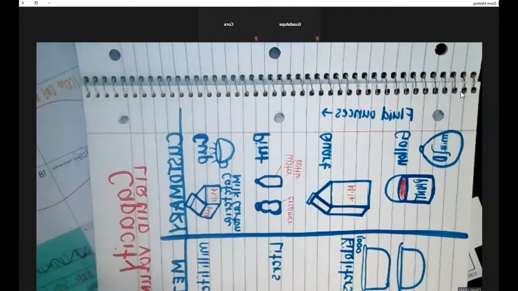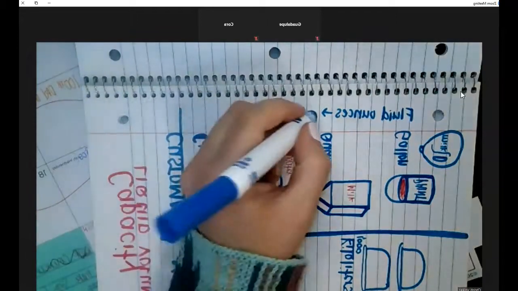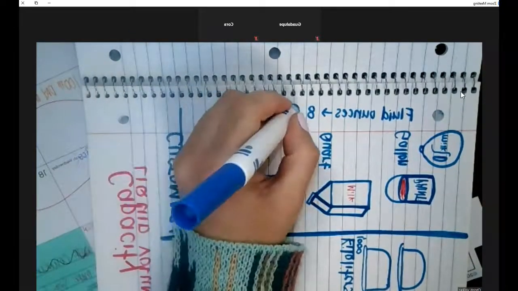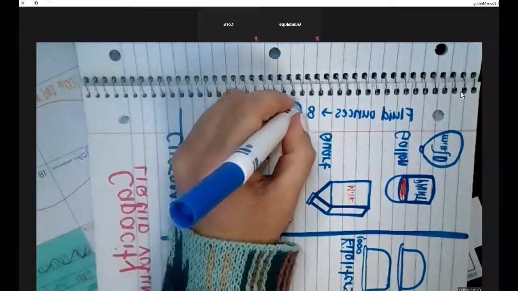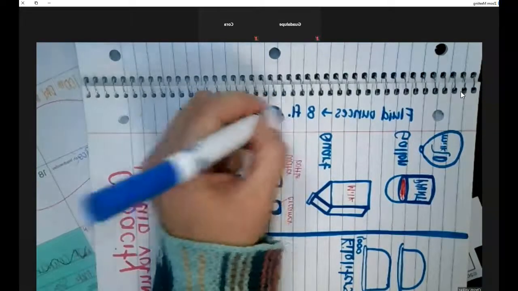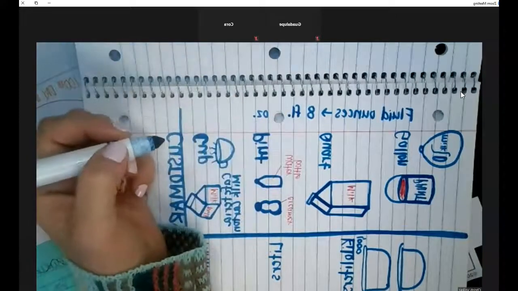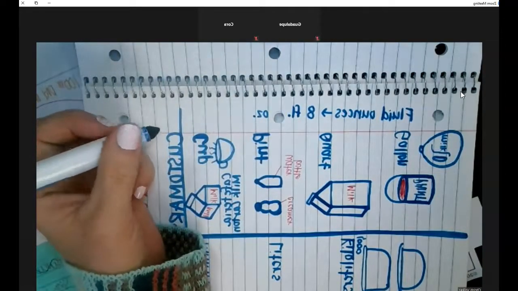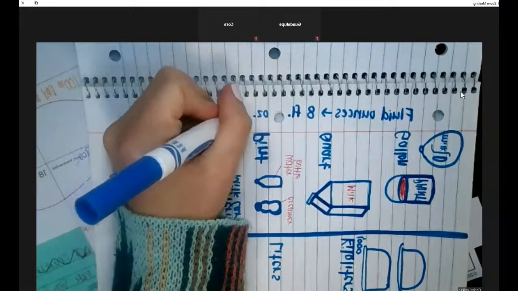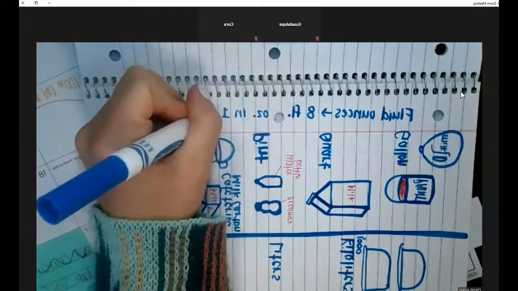Okay, so fluid ounces, there is 8 fluid ounces in 1 cup, and we abbreviate by just putting FL period OZ period. 8 fluid ounces in 1 cup.